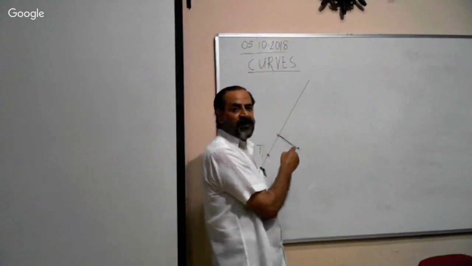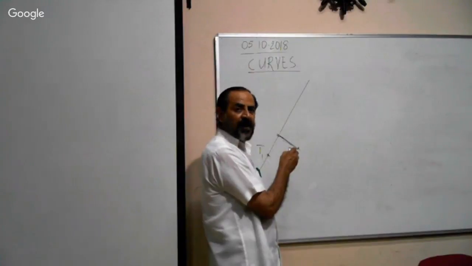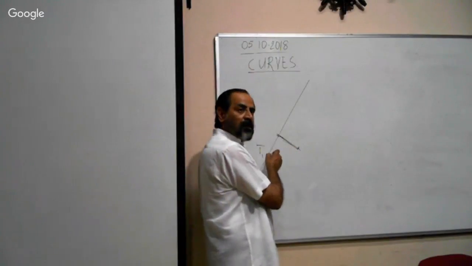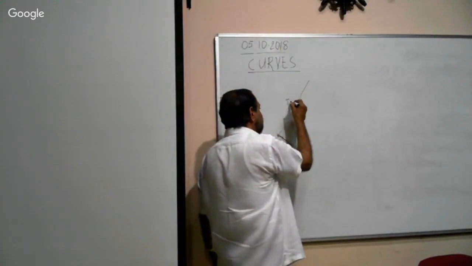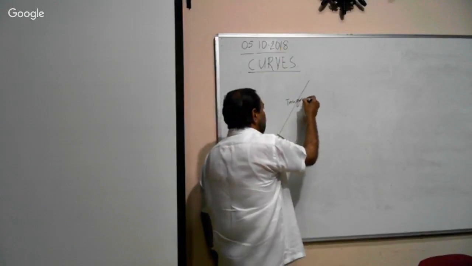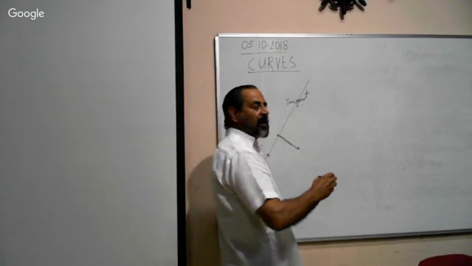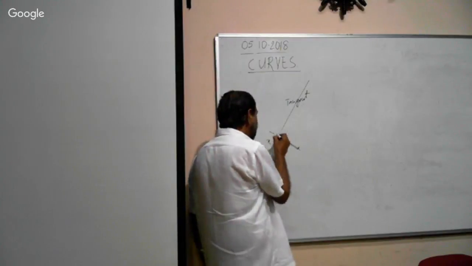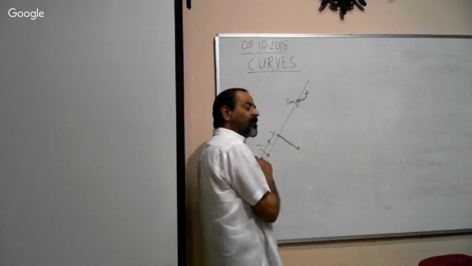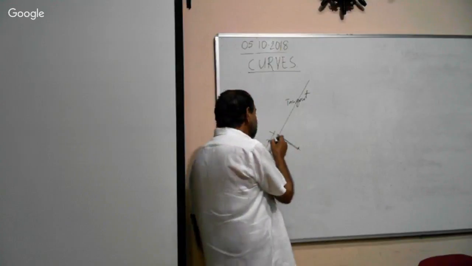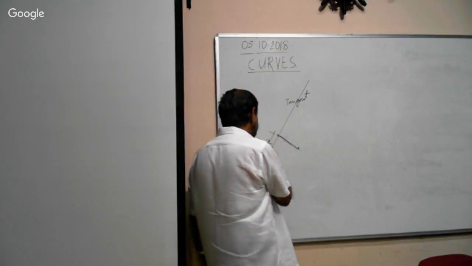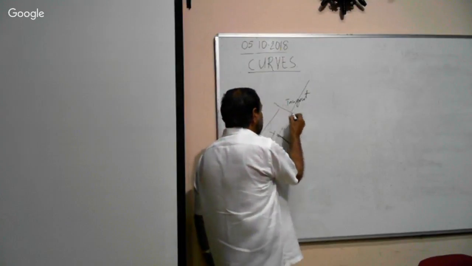This is the tangent. At a distance x from T1, similarly, x1, and similarly at a distance x2.